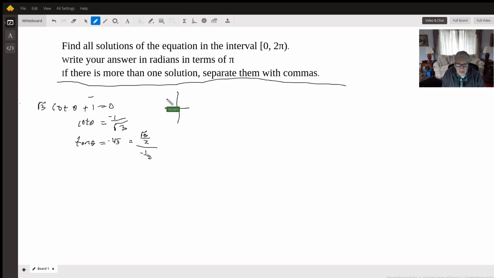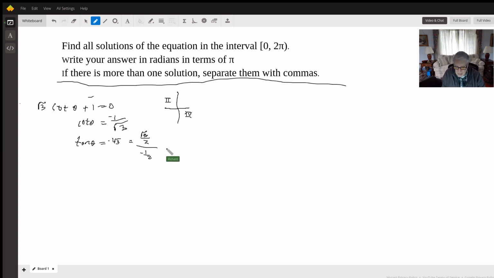By the way, you know the answers here are going to be in the second and fourth quadrants, because this is where tangent is negative and also cotangent is negative. So it has to be in these two quadrants. And you just need to think of, well, what's up here? You can see it's going to be root 3 over 2 to the left and 1/2 up vertical.